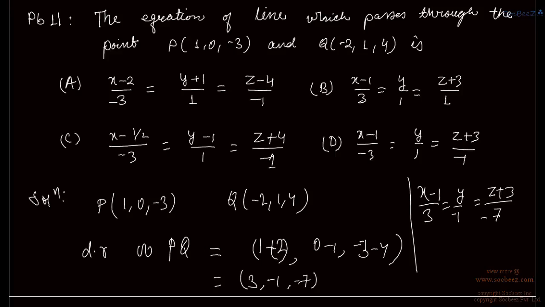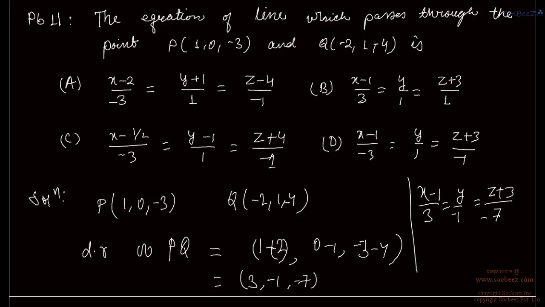So say we have points (1, 0, -3) and (-2, 1, 4). 1 minus (-2) is 3, 0 minus 1 is coming -1, and we have -3 minus 4.